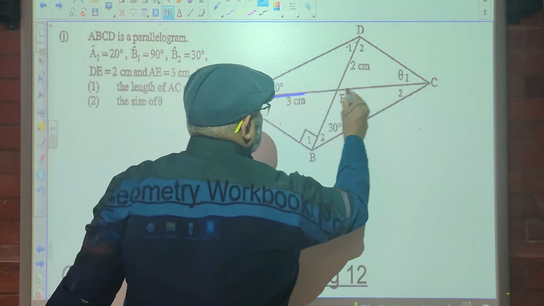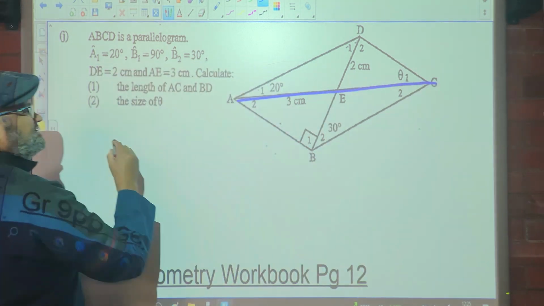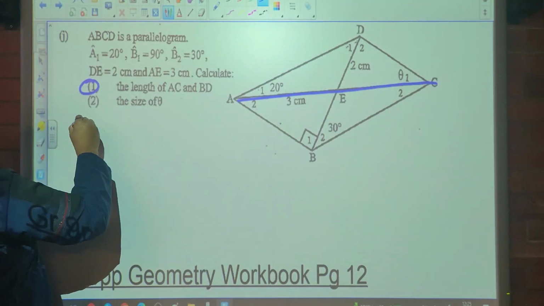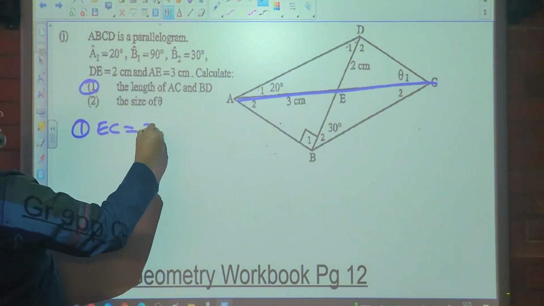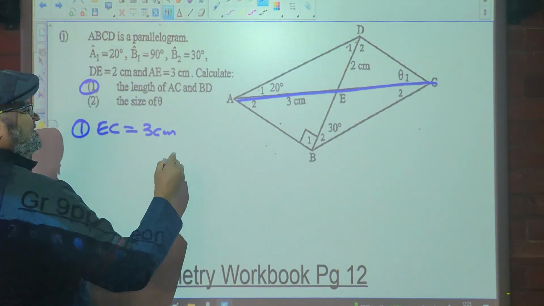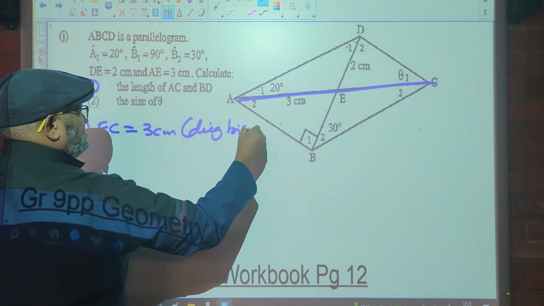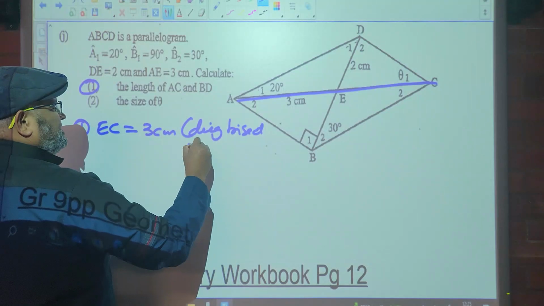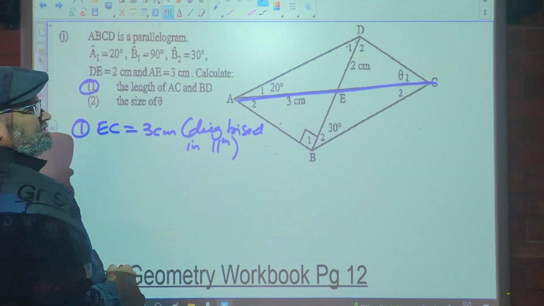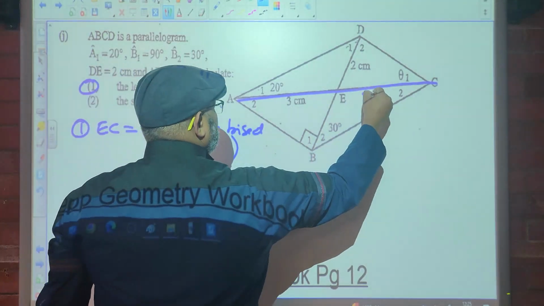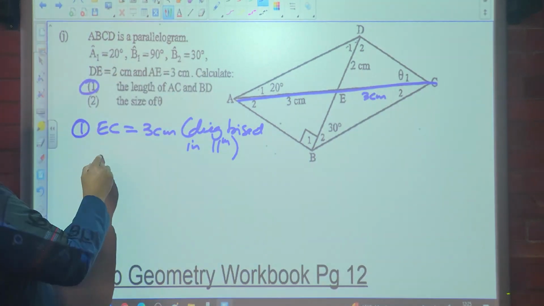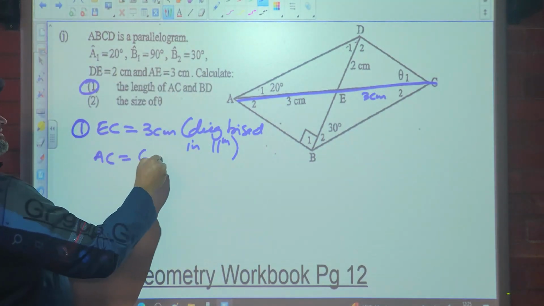Okay, AC is this length here. So we know that EC is 3 centimeters. Why? Because your diagonals bisect in a parallelogram. That's 3 centimeters. Have you answered the question? No. AC is now 6 centimeters.